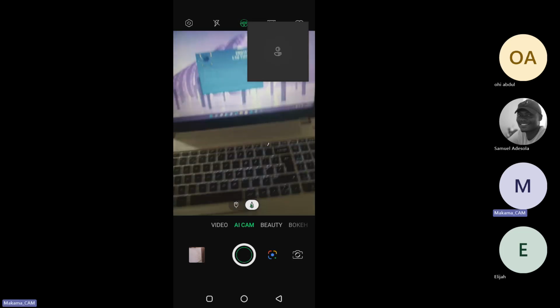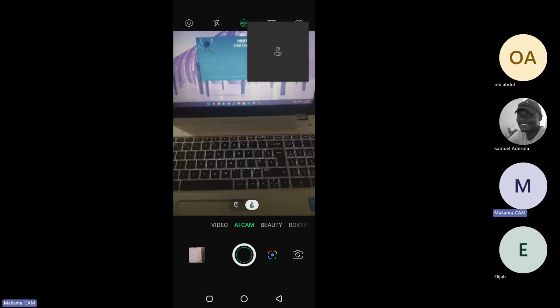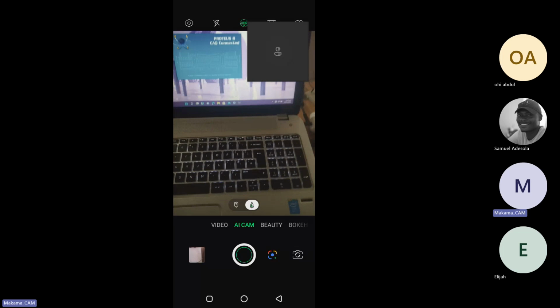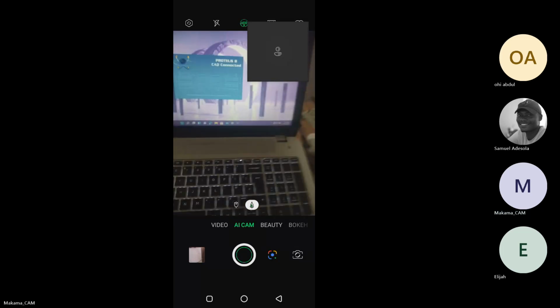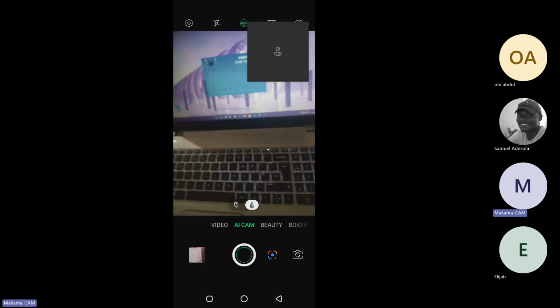My hard disk is kind of dull, you know. So whenever my computer is on, it takes some time. That is why I like SSD computers.